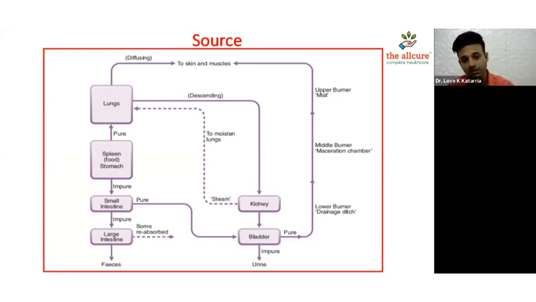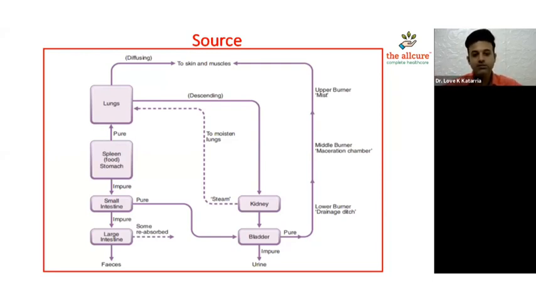I'm talking here only about the body fluids, not the chi. The pure part of the body fluids goes to the lungs. The lungs are like a perfume spray: you have seen those cans, how they create a mist.